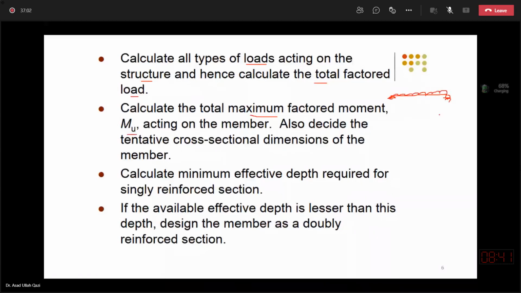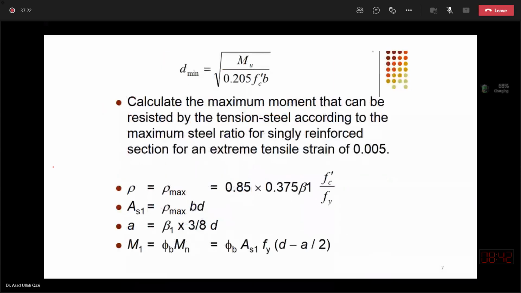Obviously if the beam is simply supported and single span, your maximum moment will be WuL squared by 8, and that you will get for that beam. Then if you have that Mu with you, you know that you will decide the f'c, you will fix the b, and you will calculate the d minimum against that demand of Mu.